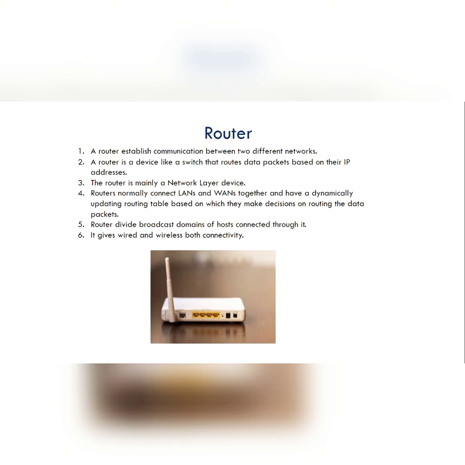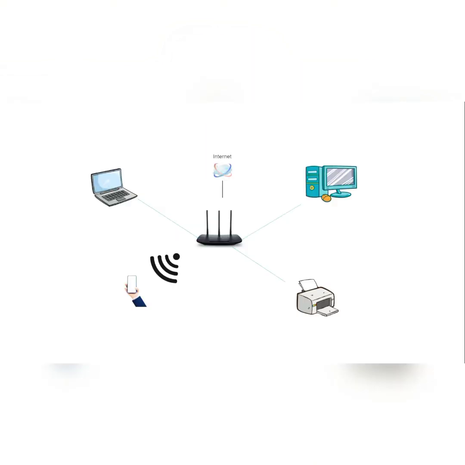A router divides broadcast domains of the hosts connected through it. It gives both wired and wireless connectivity. It divides the hosts, all the devices connected to your network, whether wired or wireless. There is an Ethernet port through which you can connect all of your devices, and there is also wireless functionality through which you can communicate with the internet without an Ethernet cable.